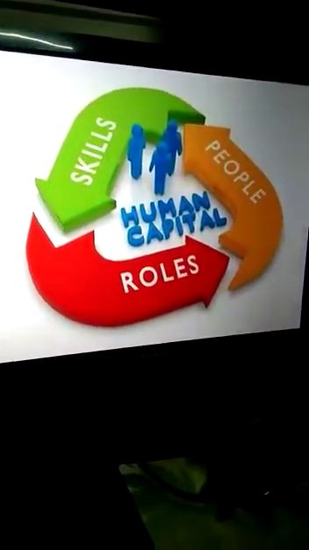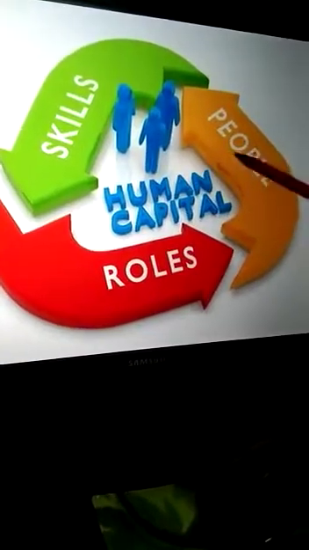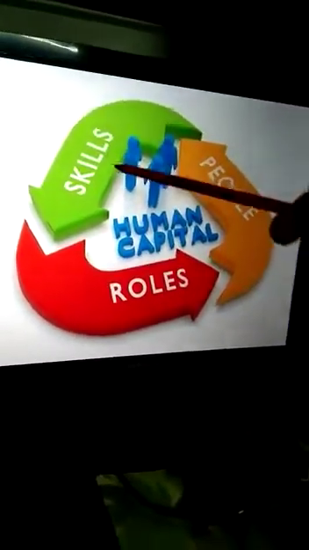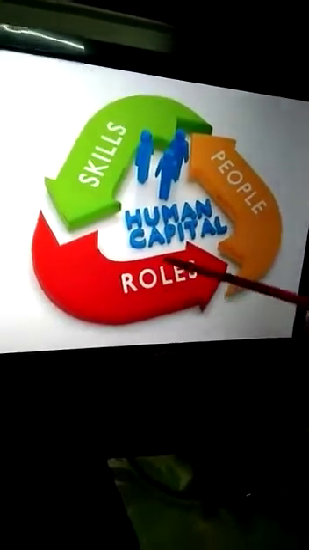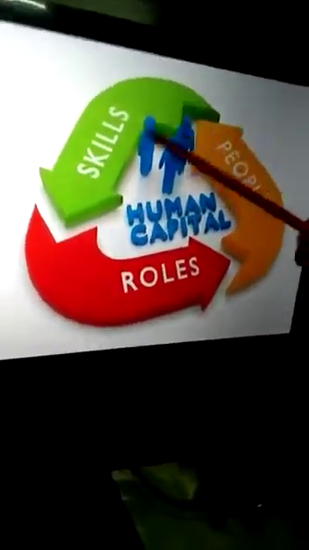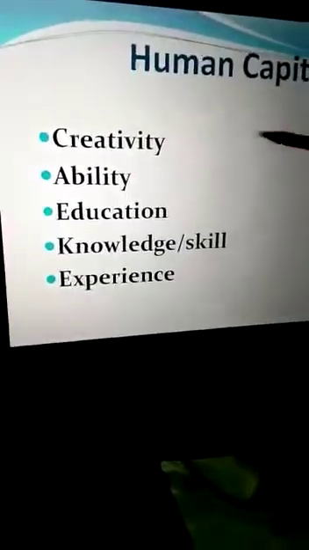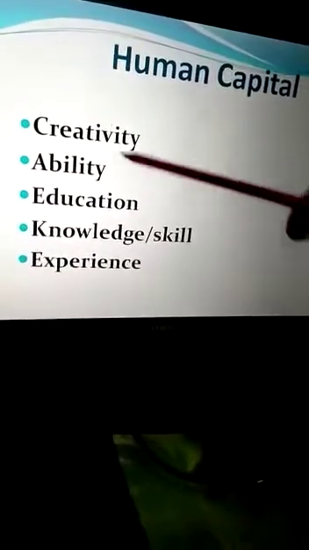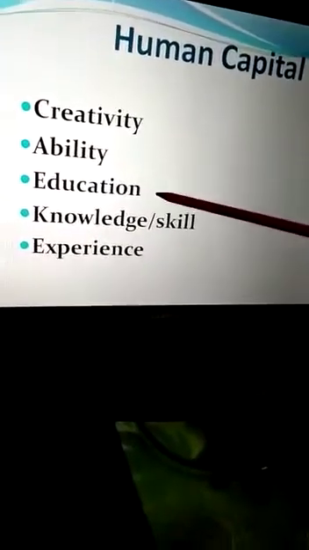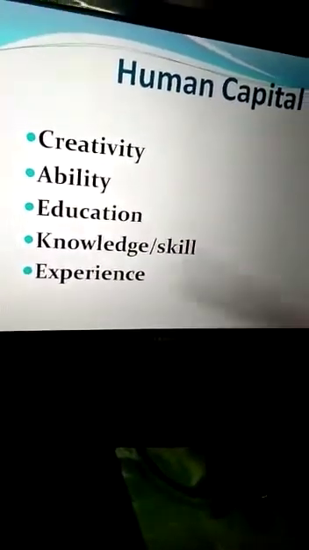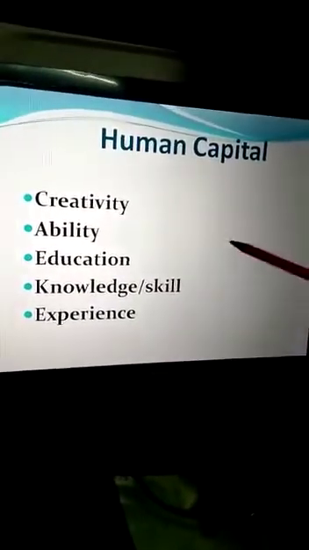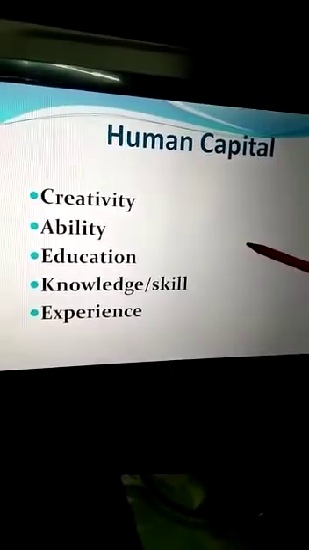Now the 4th factor is human capital. Human beings, the people with their skill and knowledge, are conducting the whole production process. Human capital differs according to creativity, ability, education, knowledge or skill, and experience. There are different types of education, creativity, ability, experience and skill.